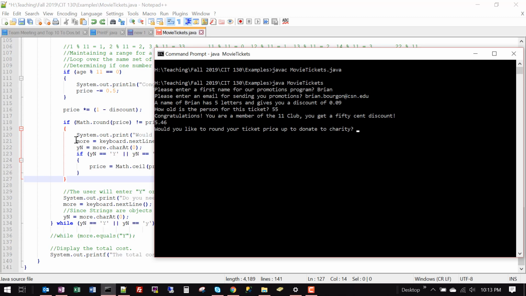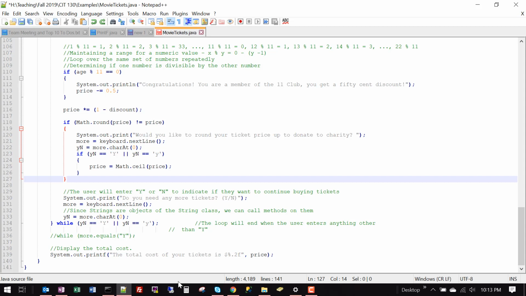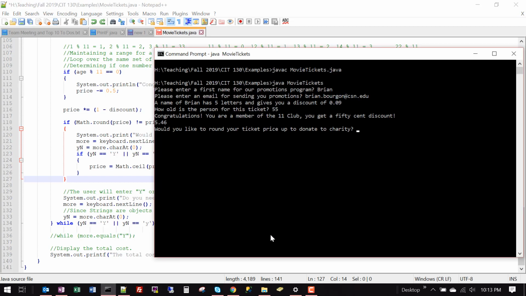Oops, I left a piece of debug code in there. That's okay. That tells us the price there. Would you like to round your ticket price up to donate for charity? Yes. Oh, I see that I have made a mistake that we didn't catch earlier. I'm going to go ahead and say no, and it's going to charge us the $6.